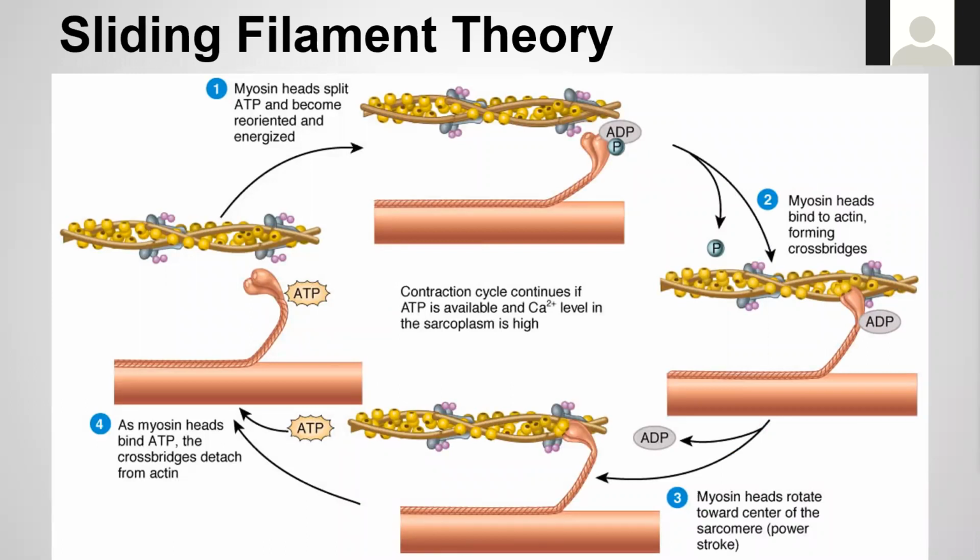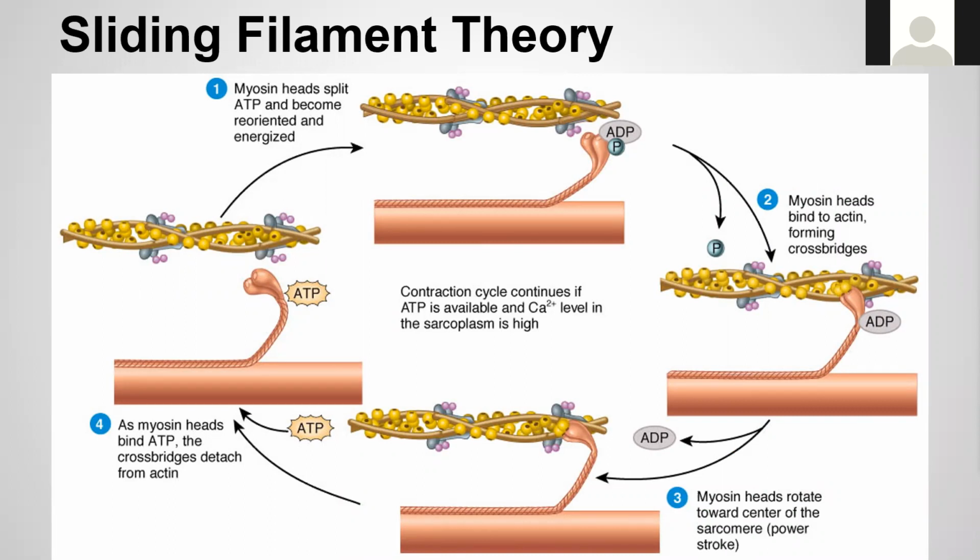Now, I want to finish off here with our sliding filament theory, because this is what actually tells us how we go about contracting or making a muscle contraction. What this is explaining here is the process on the protein level that occurs when muscle contraction actually happens.